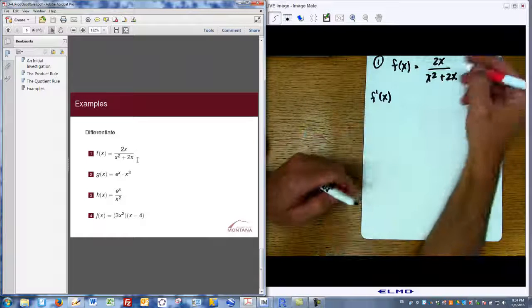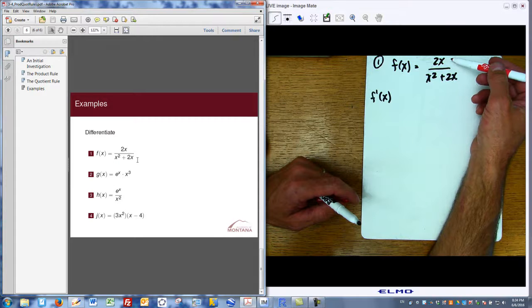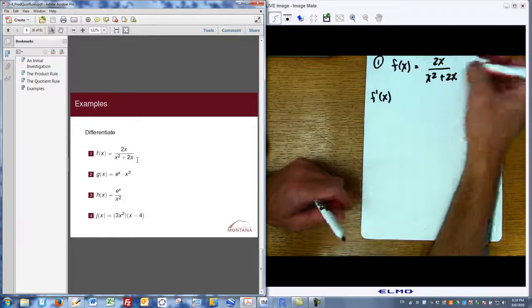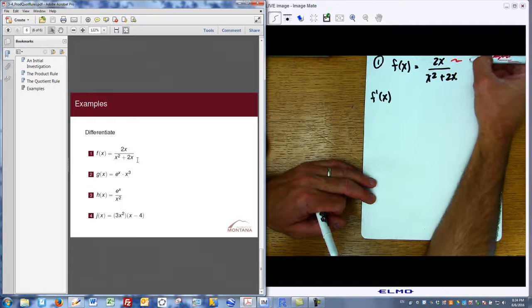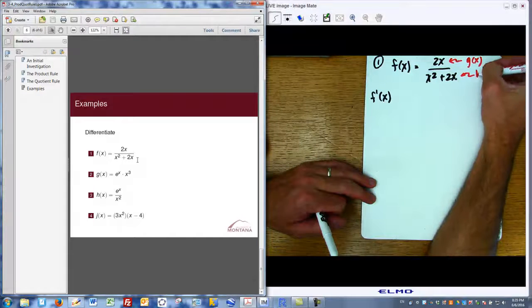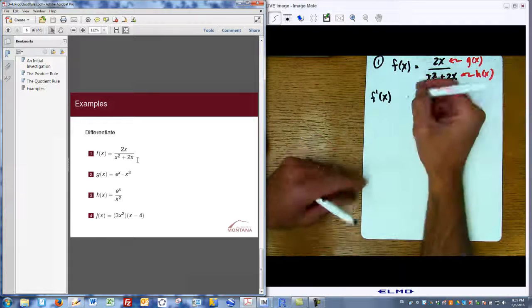Well, there's some labeling issues here, right? Because in the quotient rule we have an f and a g, the f playing the top function and g playing the bottom. But let's say this is g of x and this one is h of x, then we can relabel what our derivative should be.